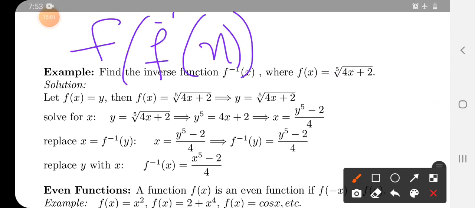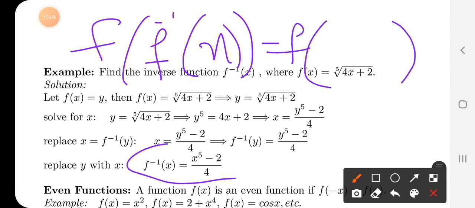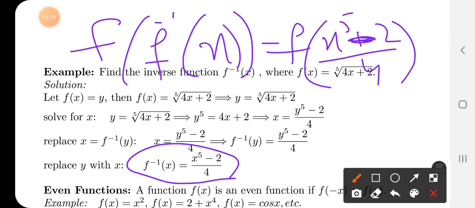Here I took f inverse as the inner function and f as the outer function. So first I need to replace the value of this f inverse here: (x^5 minus 2) over 4. Now I need to replace this value in f. So what is f? Fifth root of 4x plus 2.